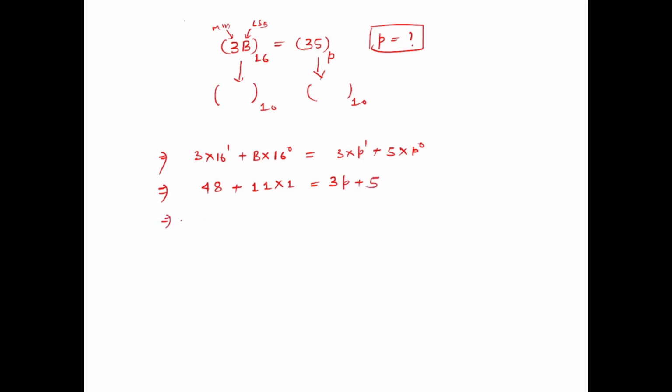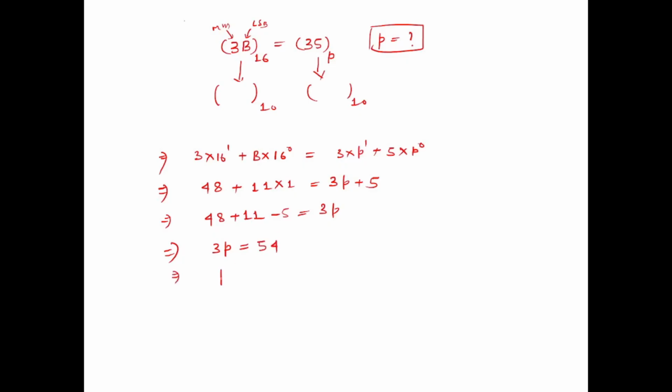So that implies 48 plus 11, this 5 will move to this side, minus 5, equal to 3p. That implies 3p will be equal to how much here? So here this will be 48 minus 5, 43, 43 plus 11, 54.